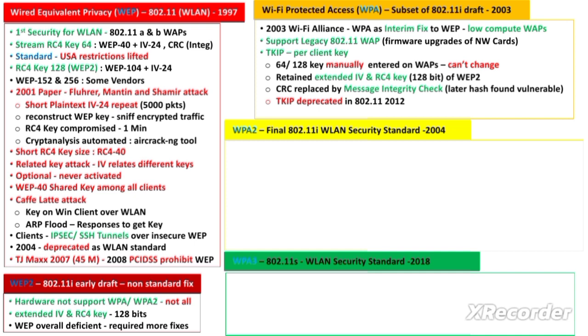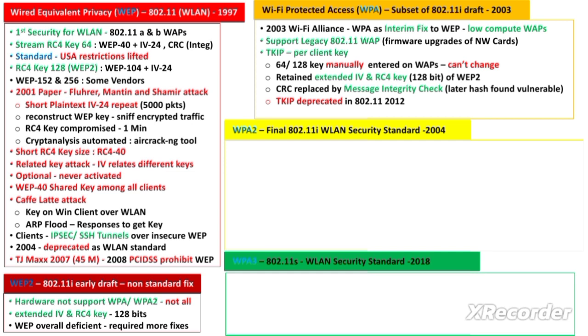So in WPA, the key was shared among all clients, whereas by introducing the TKIP, there was one key per client. Moreover, a passphrase or a key was manually entered on all wireless access points, and this key was static and cannot be changed later.